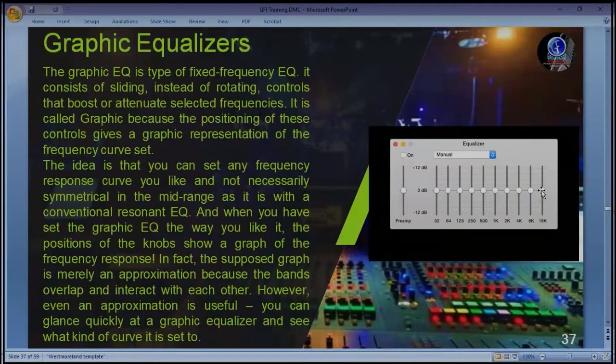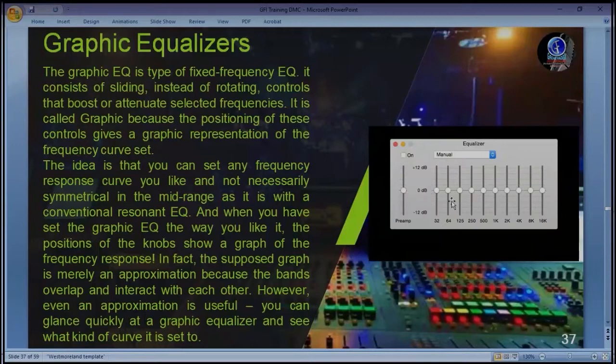If I slide this 16K up, it means I'm gaining up by some dB towards plus 12 dB here. And if I cut down, then I'm reducing towards minus 12 dB on this frequency, that's 16K. And also for 8K, 1K, 2K, and so on.